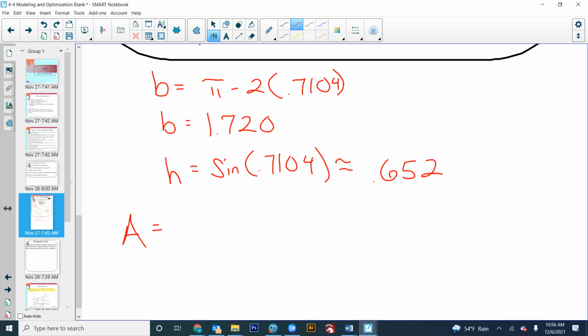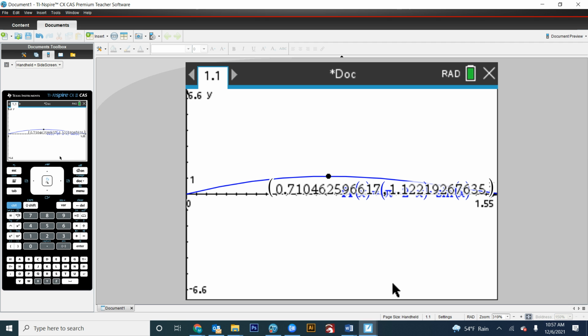Are you ready for this? The problem I graphed. What did I graph? What equation did I graph? Didn't I graph the area? So isn't this the peak of the area function? It's 1.122 units high.